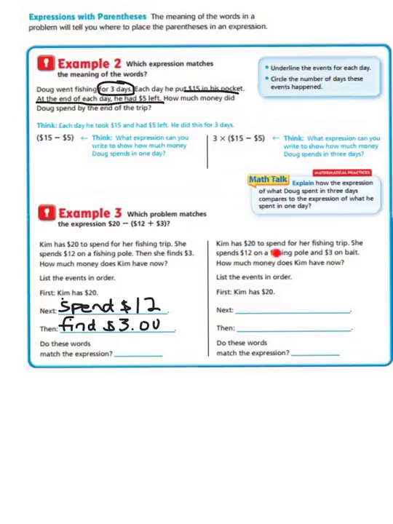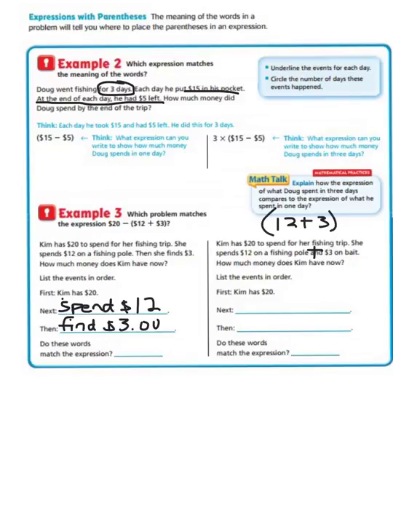Kim has $20 to spend for her fishing trip. She spends $12 on a fishing pole and $3 on bait. So we know right there she spends $12 on a fishing pole, and "and" is the key word because she also did something else with that. So let's see. When she spends 12 and $3, we would have to take our 12 plus 3.